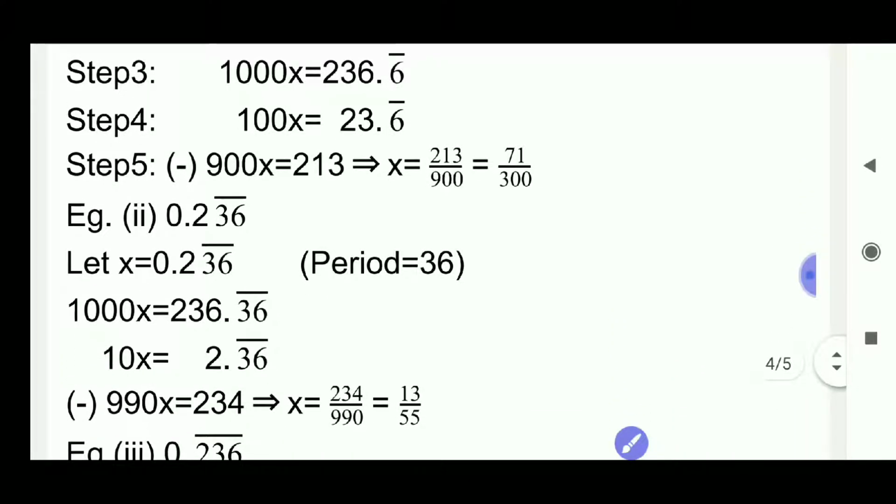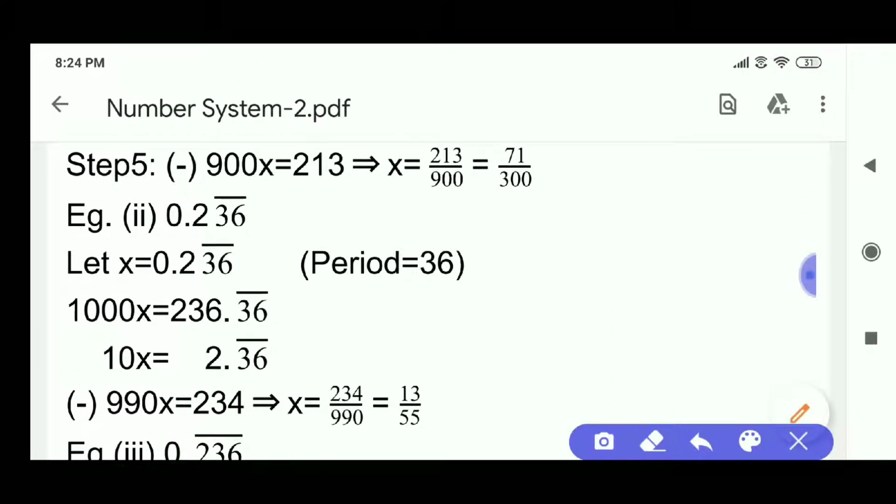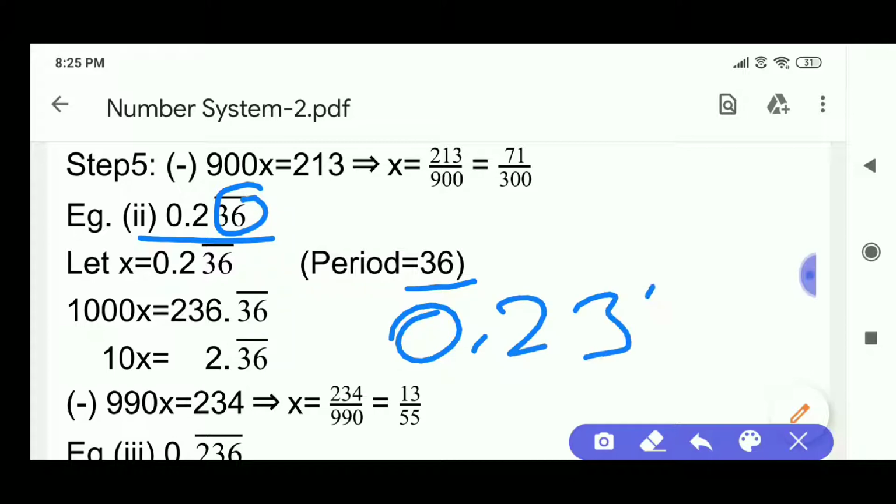Children, let us go to one more question. 0.236 with bar on 36. Here the period is 36. Now the period should be on the left side of the decimal point. This period should be on the left side of the decimal point.